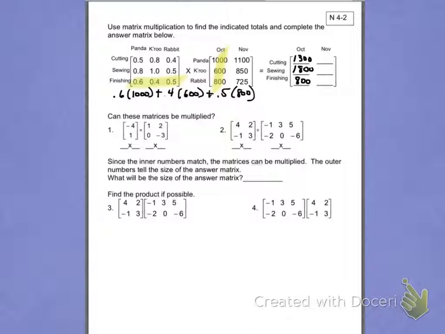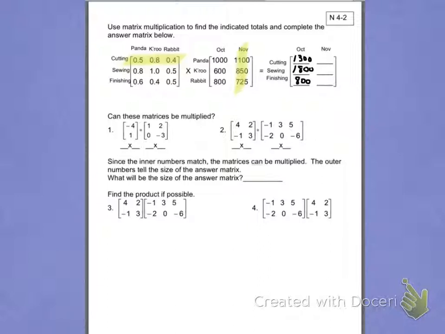Okay. Now to finish our answer matrix, we've got to go to November. So we have a different column this time. We're going to use the same rows that we did before. But now we've got to start back over for cutting, but we want November this time instead of October.